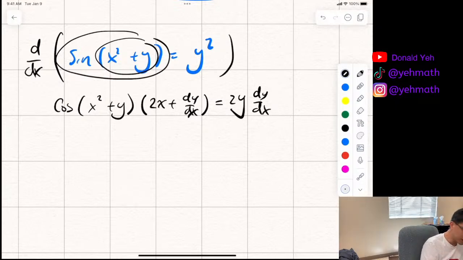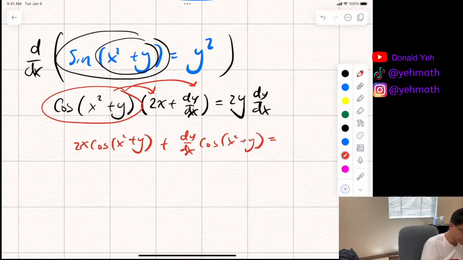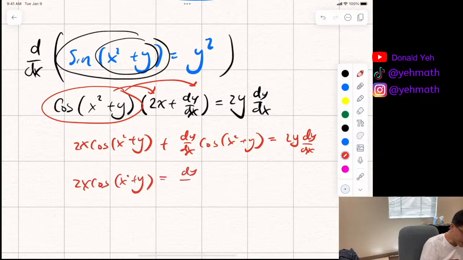Then this whole thing is gonna distribute. So it'll be 2x cosine of x squared plus y, plus dy/dx times cosine of x squared plus y, equal to 2y dy/dx. Move cosine of x squared plus y to the other side, and factor out dy/dx.